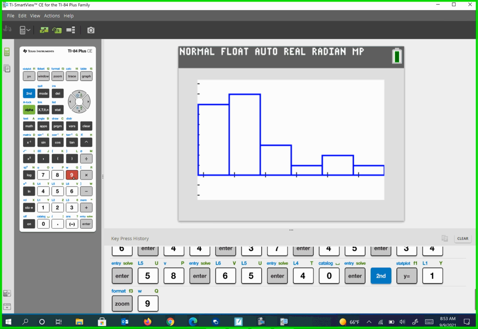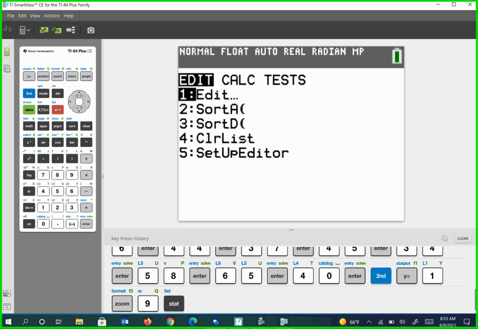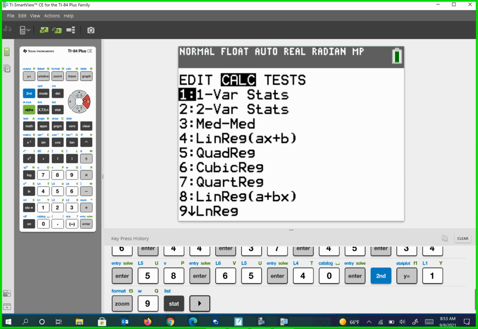Our mean is going to be a bigger number because it's skewed to the right. So because it's skewed right, the mean is being pulled to the right. And again, we could just say, okay, that's great, we look at a picture, but let's calculate the one variable statistics.